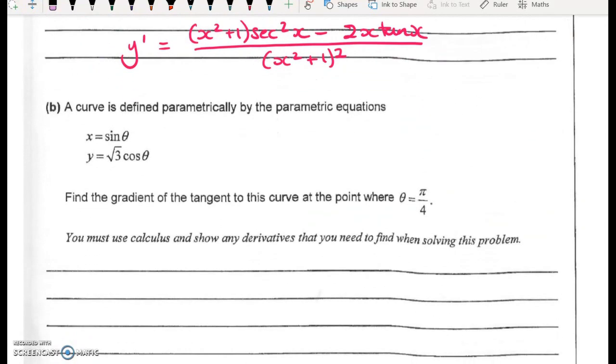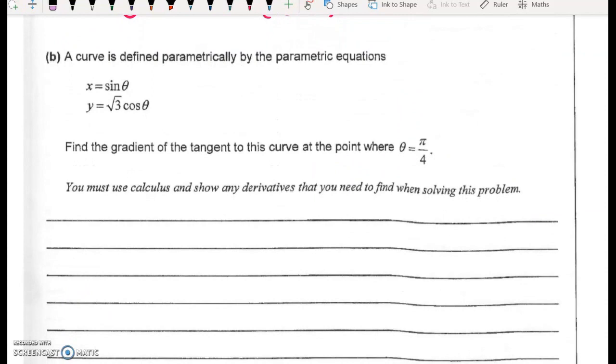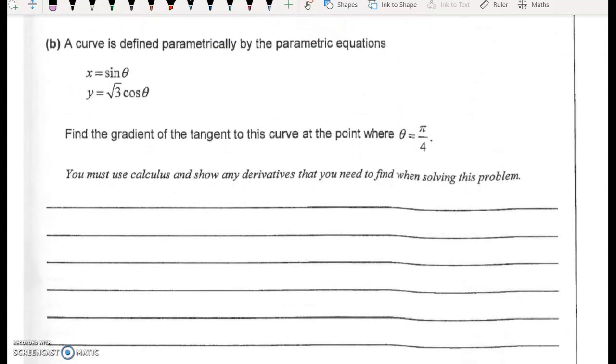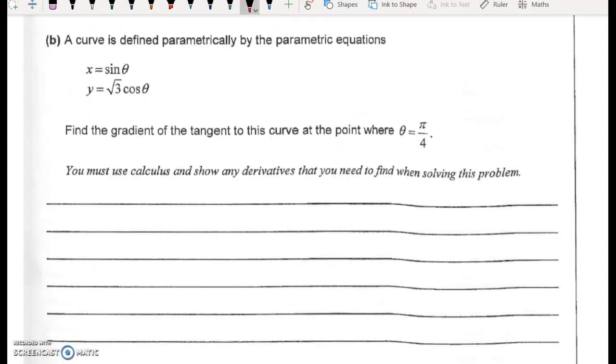Okay, part B is parametric equations, and we have that dx by dt first would be cos theta, dy by dt would be minus root 3 sine theta, just from differentiating these two expressions that we have here.